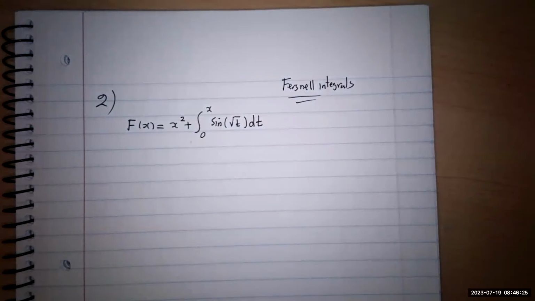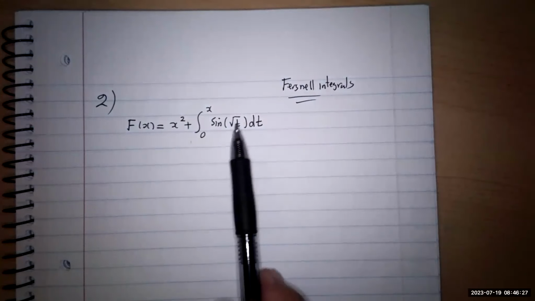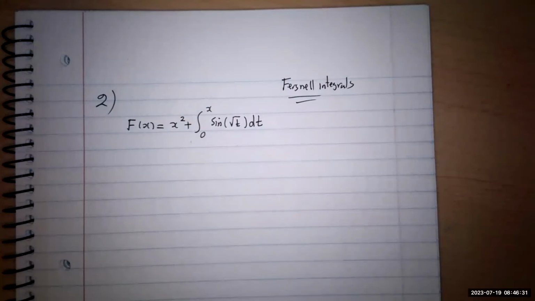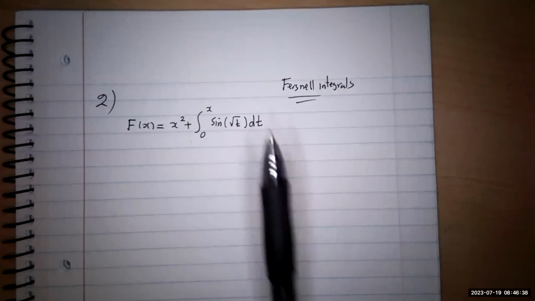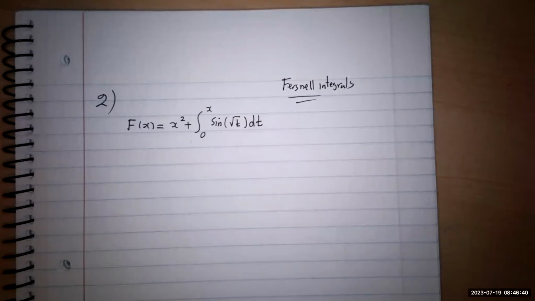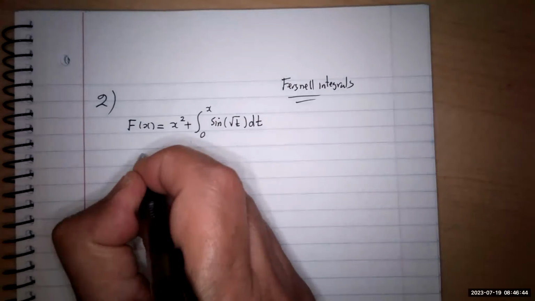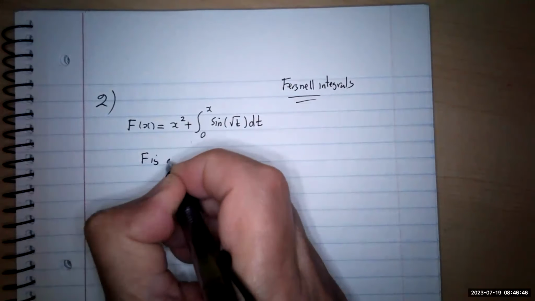No worry. The outside is x squared plus an integral function. Don't try to find this integral, it's not possible. You can only estimate it. So again, f is an integral function.